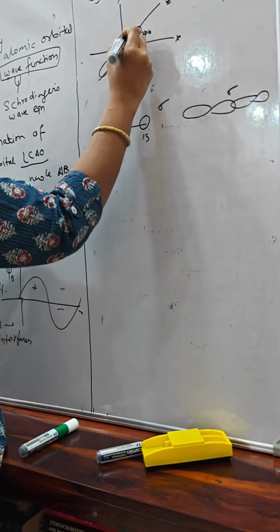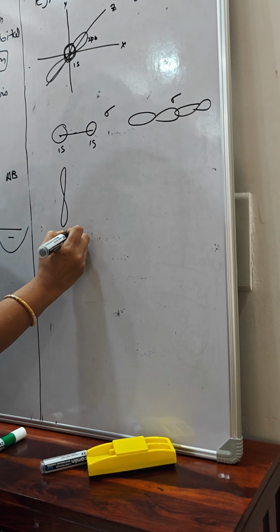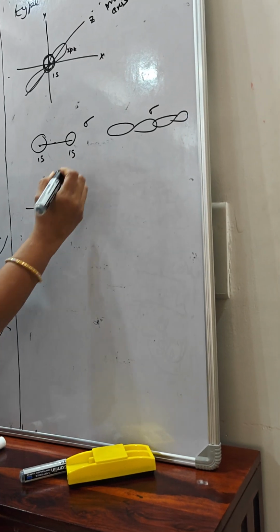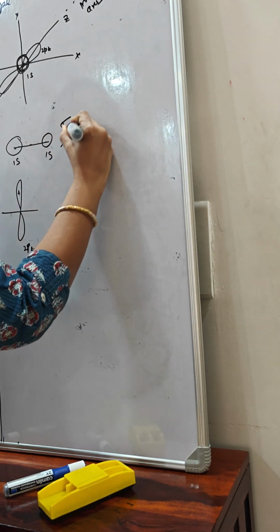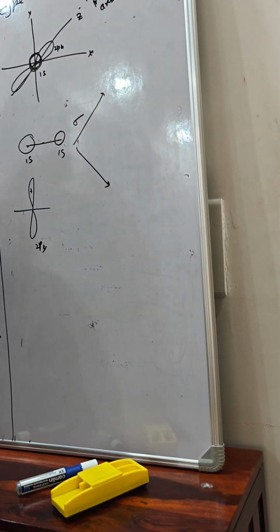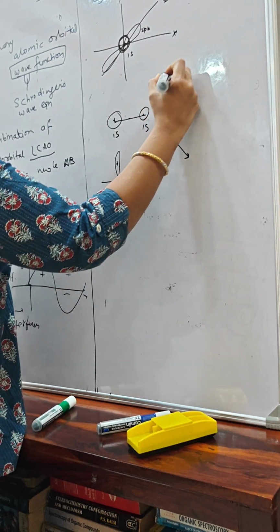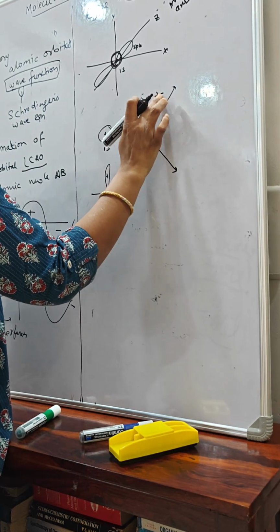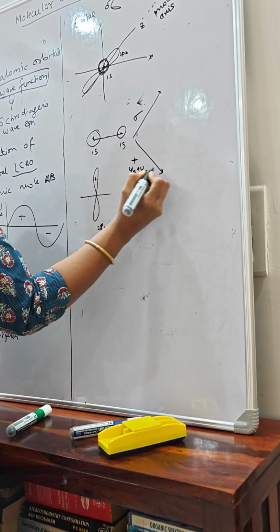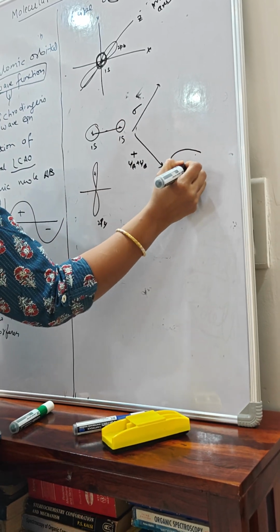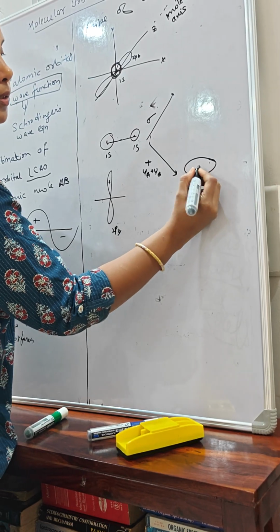And if we see 2px, 2py here, at this moment I will also explain the positive and negative, constructive and destructive interference. If they combine in phase, basically psi A plus psi B, then the electron density will be highest in between the nuclei.